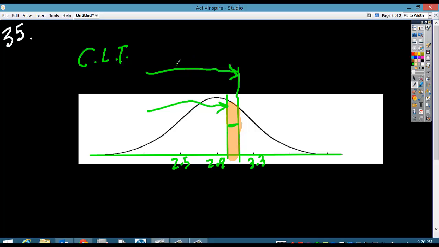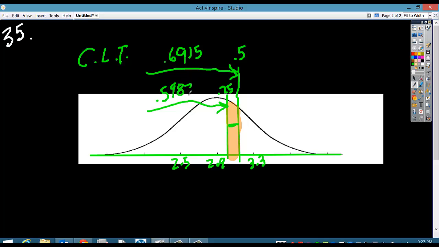Okay, so what are these two areas? So we get z-scores. Z here is 0.5, and z here is 0.25. In other words, 3.1 minus 2.9 divided by 0.4 gives us an exact 0.5. This gives us an exact 0.25. So those are nice, easy z-scores, and I look them up, and I get that this area all the way up to here is 0.6915 from my table, and this one is 0.5987.